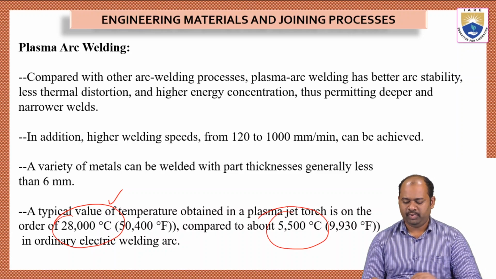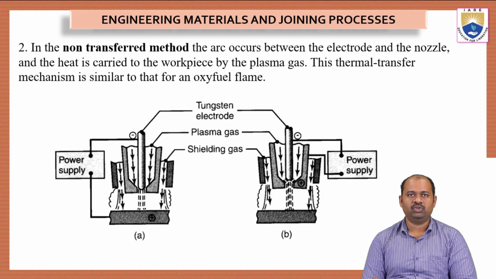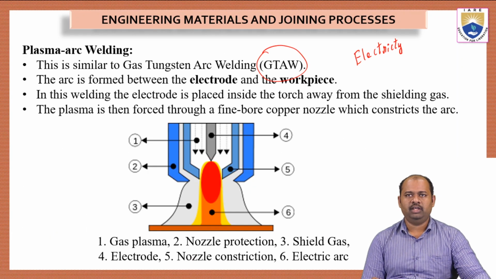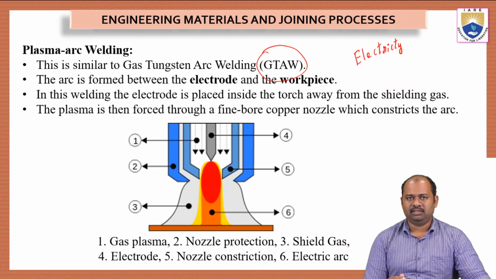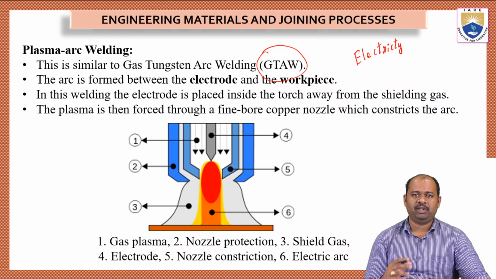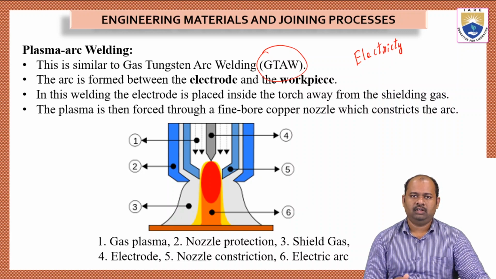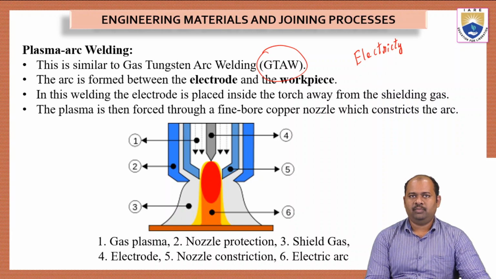That is why plasma arc welding is widely used in engineering applications where it has more melting capacity. It can melt thicker metal plates than normal welding. So plasma arc welding is used where precision is required as well as to melt thicker plates, depending on the application. And in this welding, the arc is formed between the electrode and the workpiece.